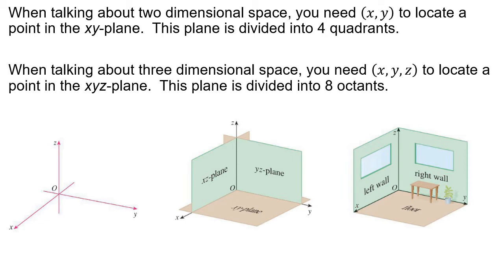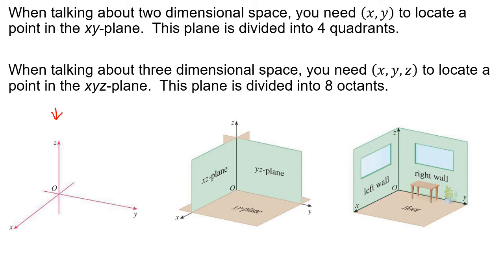So all those different combinations come out with 8 different octants. And so this down here on the lower left is one way that we can draw our x, y, z plane. So x to the left, y to the right. That's the flat plane, and then you have the vertical z-axis coming out of it. And it's very much like if you were to look at a wall in a room. You have the xy plane as the flat bottom part.